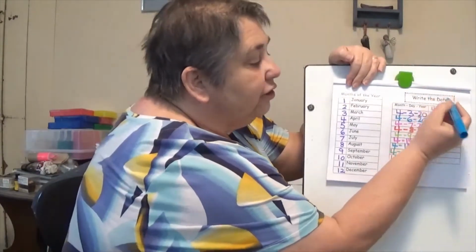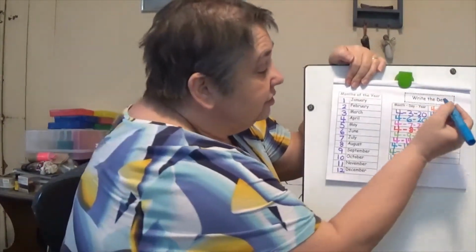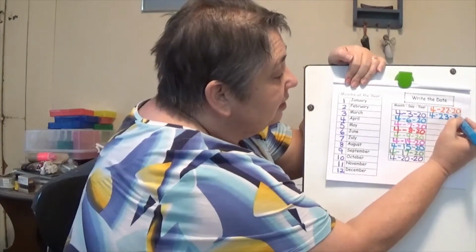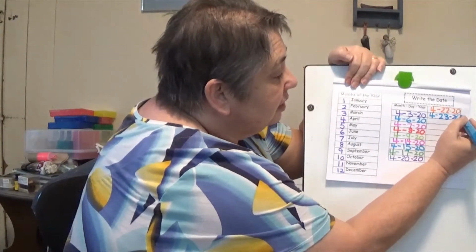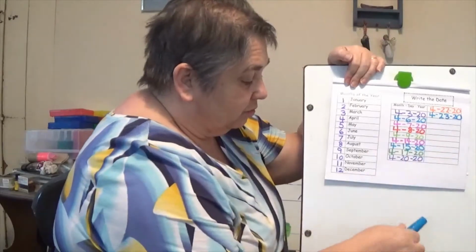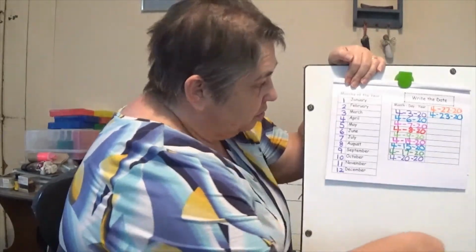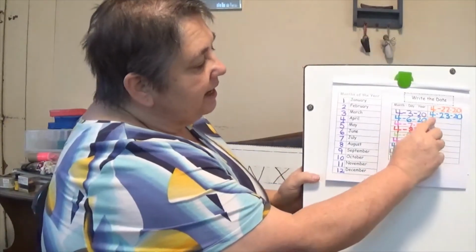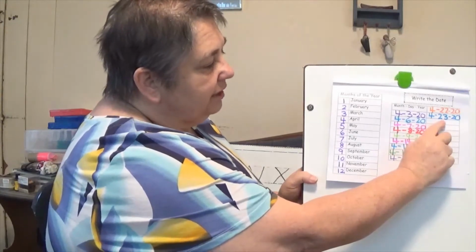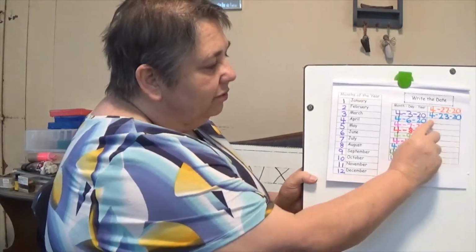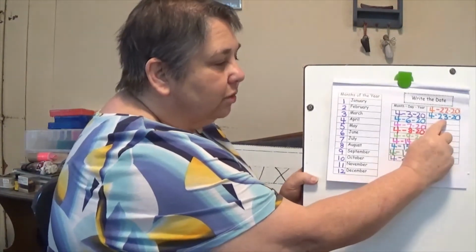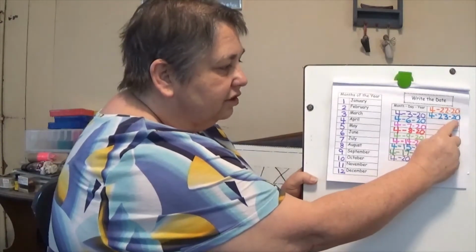Yes. And you could say it 2020 also. Xander says 2020. 2020 can be written with a 20 here. Good. So our date is 4/23/20, which stands for April 23rd, 2020.